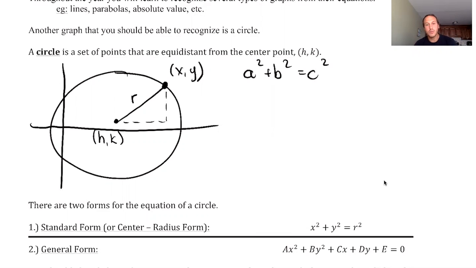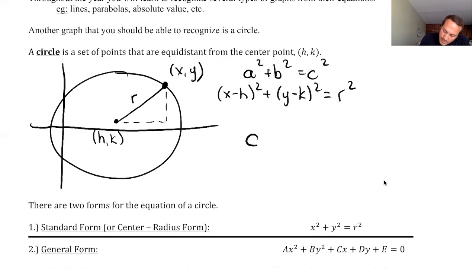So if I use the distance for A being x minus h squared plus the distance for B being y minus k squared and C being my radius, there's my equation of a circle right there. Again, a couple of things that I know is that the center is going to be the point HK.